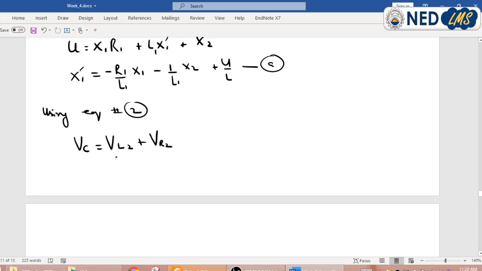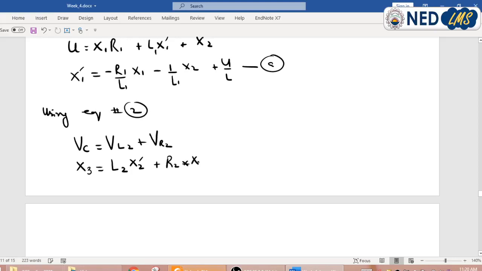Here VL2 equals L2 dI2, the second inductor current, and from this equation we can find x2 dash. VC is x3, which equals L2 dI2, and dI2 can be written as x2 dash, plus VR2 can be written as R2 into I2.